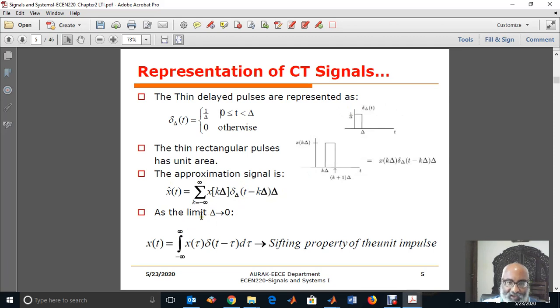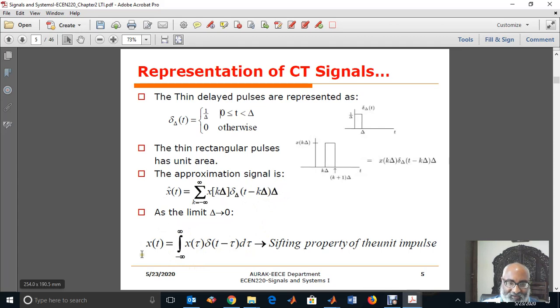Now, as delta goes to 0, this summation changes to an integration, as in calculus. The x of k delta becomes x of tau, the pulse becomes the impulse delta of t minus tau, k delta becomes tau, and delta becomes d tau.